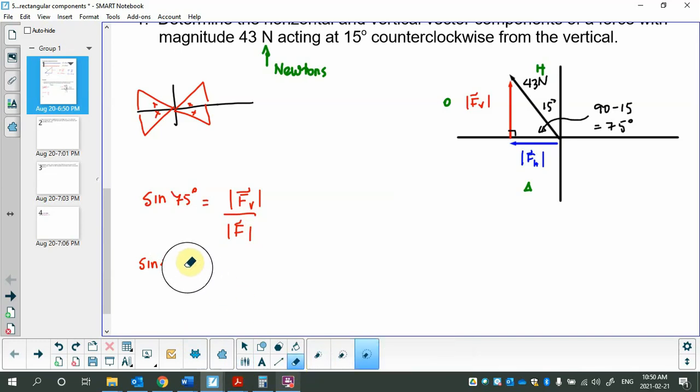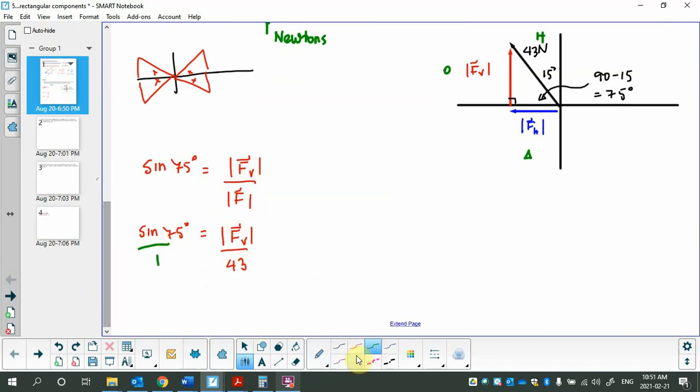don't know why my hand's not working. Lucky this is my last note of the morning. Sine 75 degrees is equal to, what I'm looking for is that over 43. If you need to, feel free to put the 1 down, but 1 times that is itself, equals 43 times sine 75 degrees.